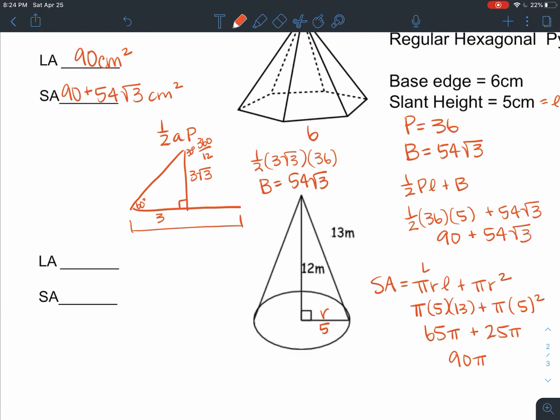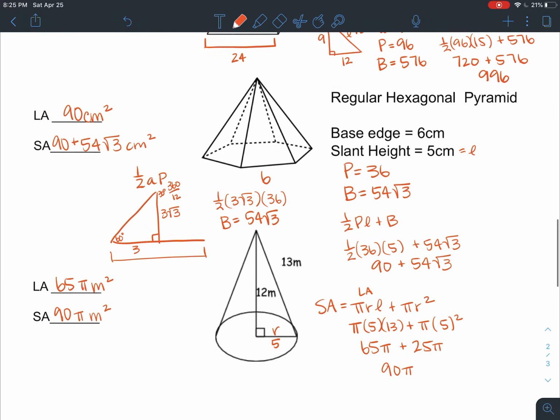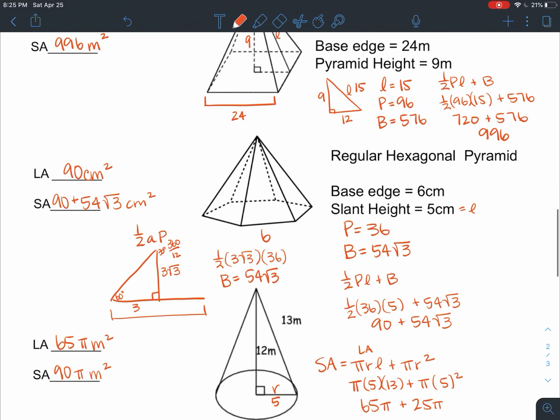That first part, the pi RL, is our lateral area, and that will be 65 pi meters squared, and the total surface area will be 90 pi meters squared. If it asks you to round it, make sure that you use the pi button, not 3.14.